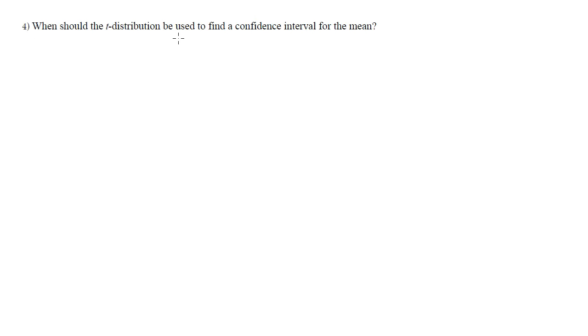When should the t-distribution be used to find a confidence interval for the mean? So this idea of z versus t presents itself throughout a few chapters in this course.